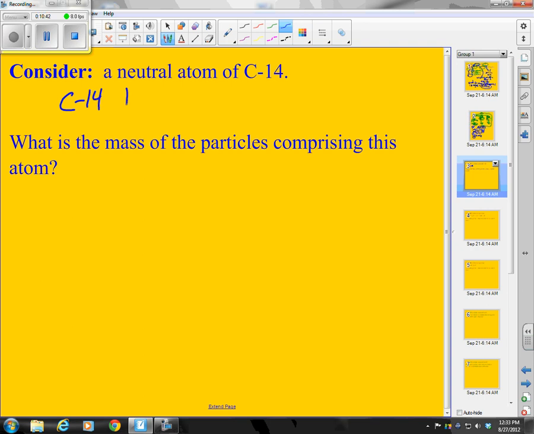If we look at carbon on the periodic table, up in the upper right-hand corner we'll see a 6, and that 6 we know is the atomic number. That means there are 6 protons in carbon. This is carbon. 14, what's the 14? That's my mass number, which is equal to the number of protons plus the number of neutrons.